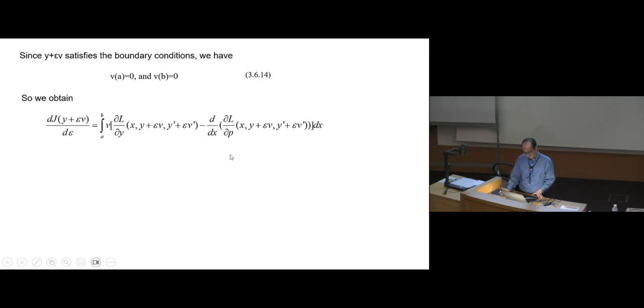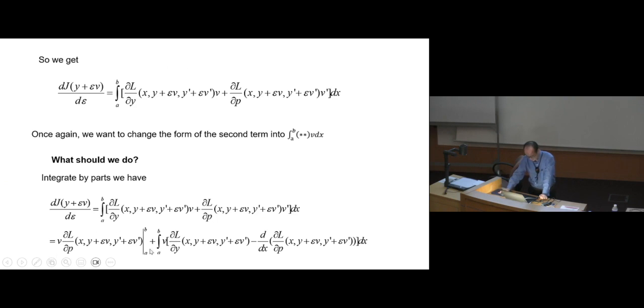In the same way, we can show that v of b should also be 0. Here, we want to show this total integral right here is 0, because v(a) and v(b) will be 0. That's where we use the boundary conditions to show that. Any questions on this one?